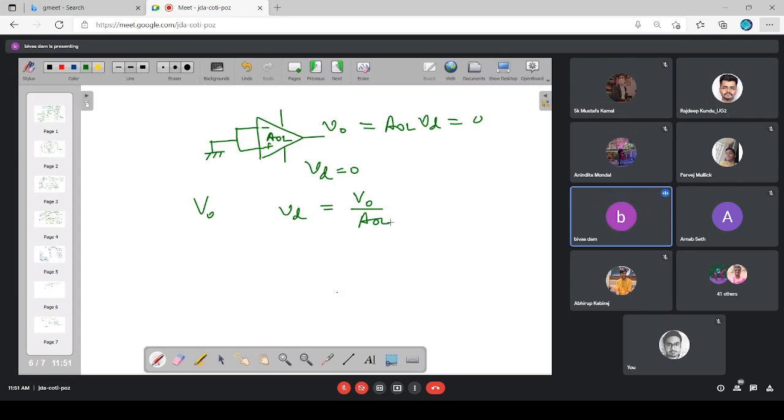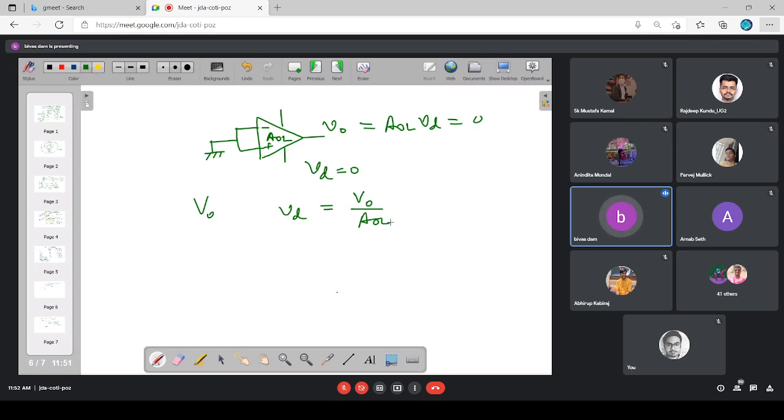But as at the output I am getting some non-zero output voltage, that available non-zero output voltage is forcing me to visualize that there must be somewhere some input difference voltage available. I don't know where. But there must be some input difference voltage Vd equal to V0 by AOL somewhere internal to the circuit, which is not external to the circuit.